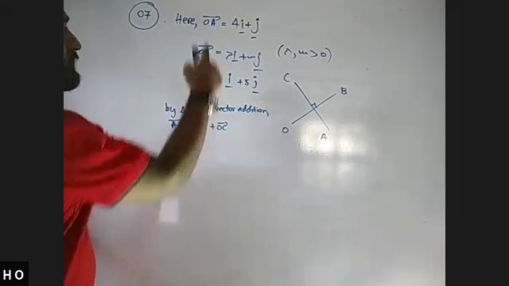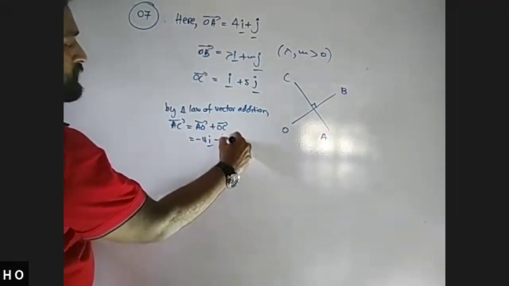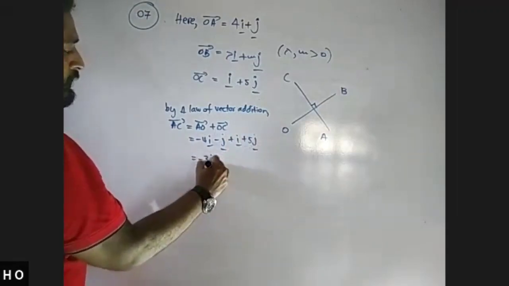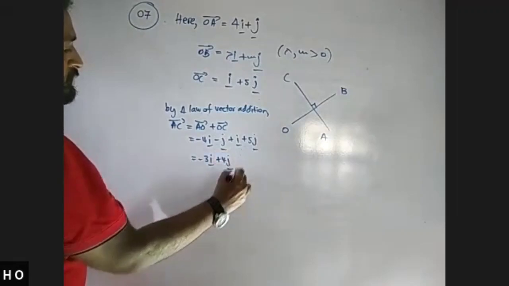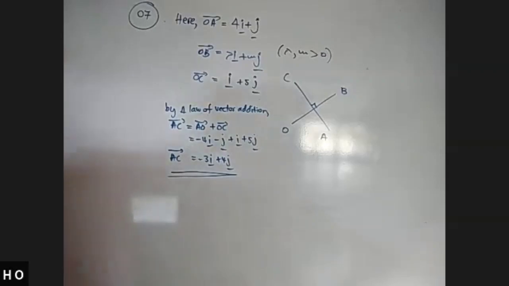AO is the negative vector, so minus 4i minus j plus OC, which is plus i plus 5j. So minus 3i plus 4j. That is AC.